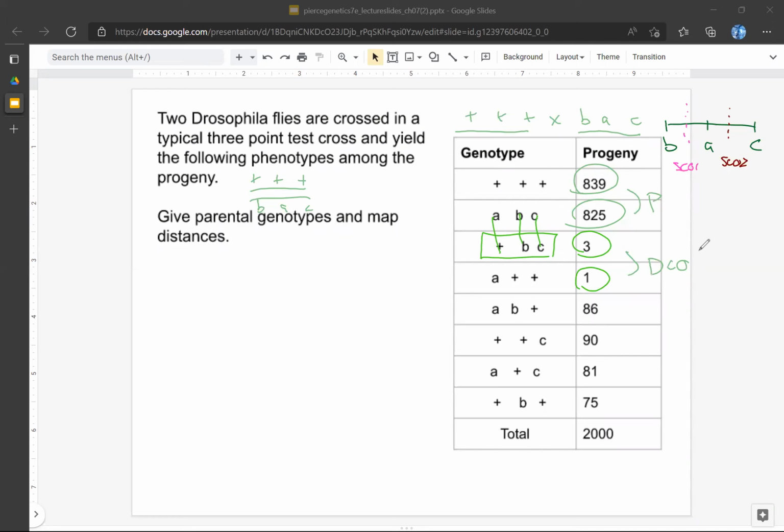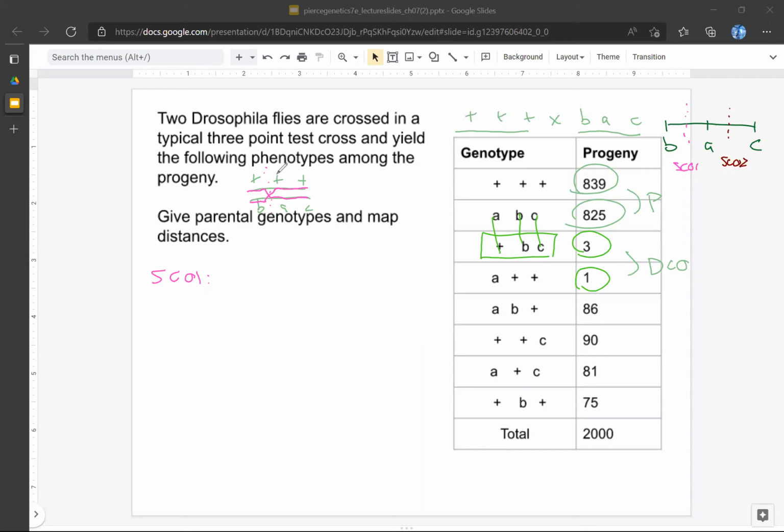Okay, so we've identified the middle gene. It's very good. And now we can find the single crossovers. So let's look for single crossover 1 first. So single crossover 1 is going to happen between the B and A genes. Locus in between the B and A genes. So right here. So we would see this happening.